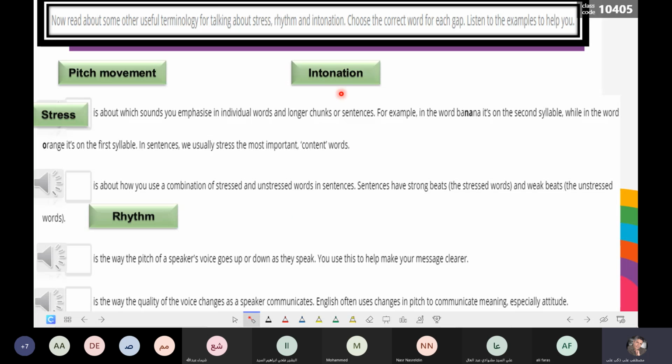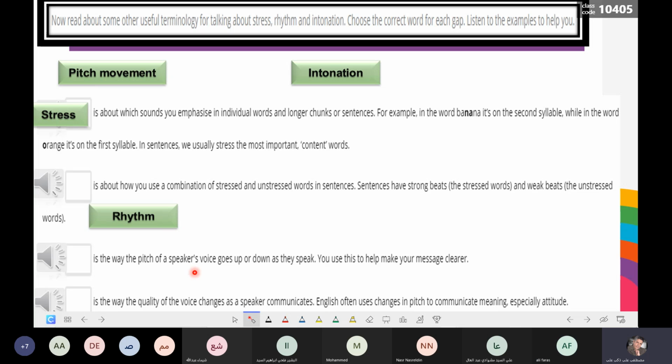When we talk about stress, we mean that we emphasize specific words to give special meaning, to give importance. But rhythm is something like the flow, the music of the sentence itself, using the whole sentence.